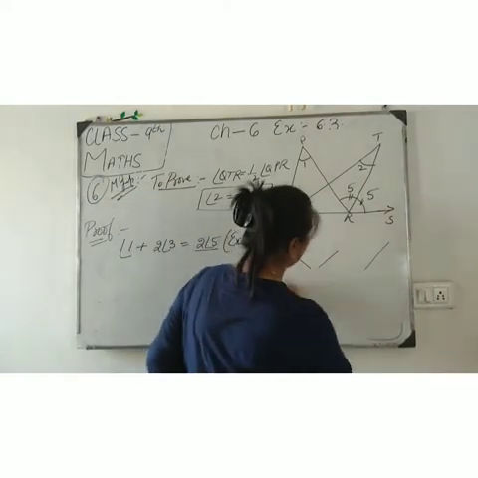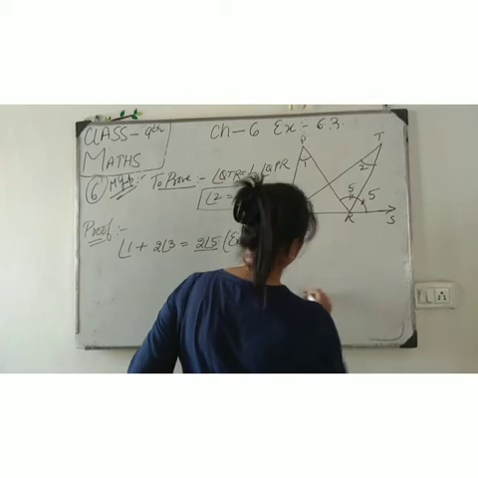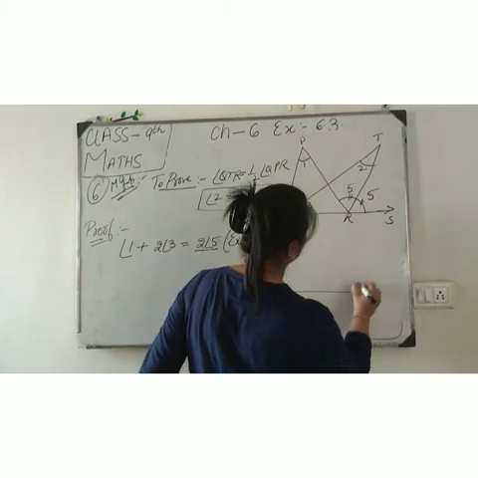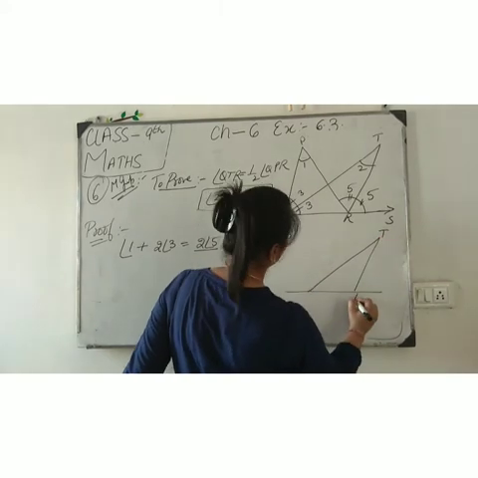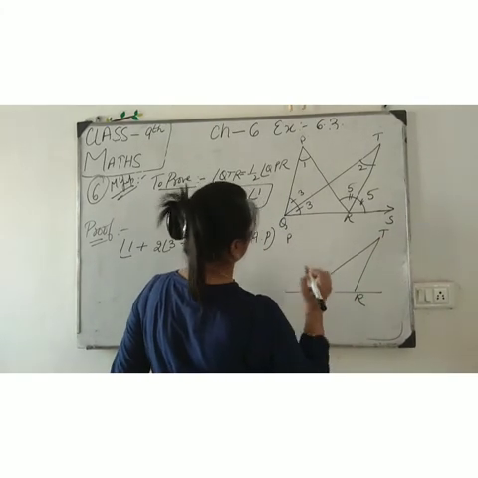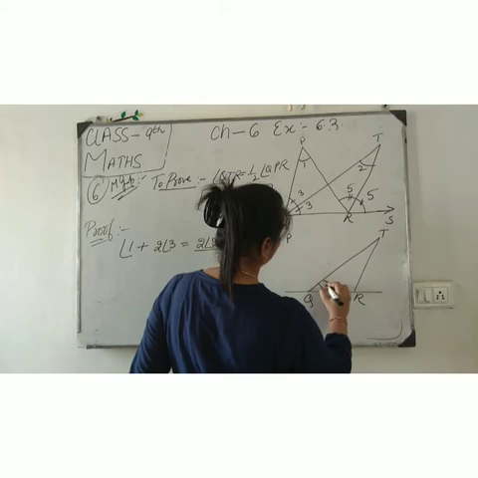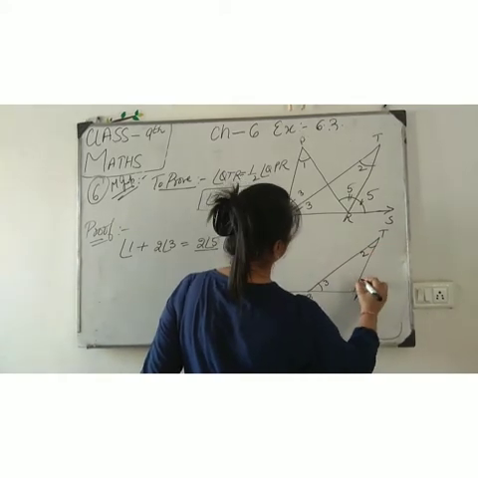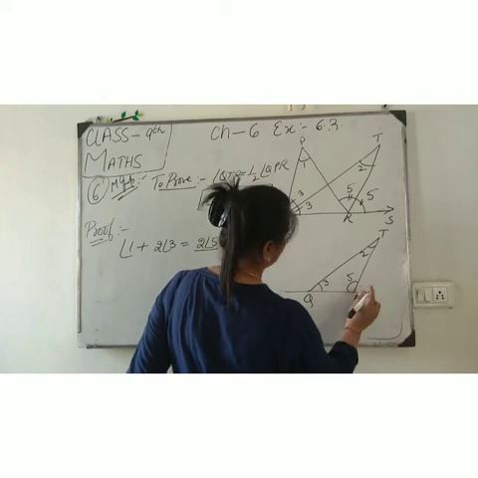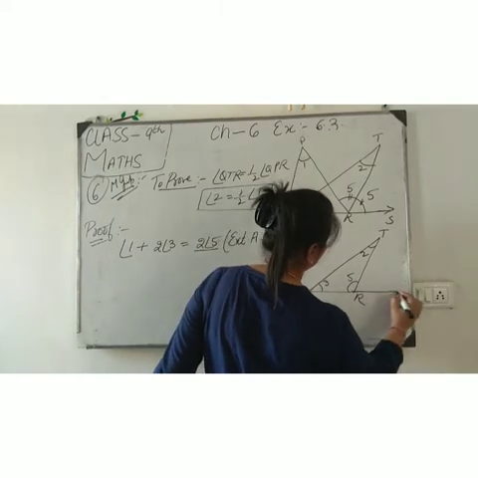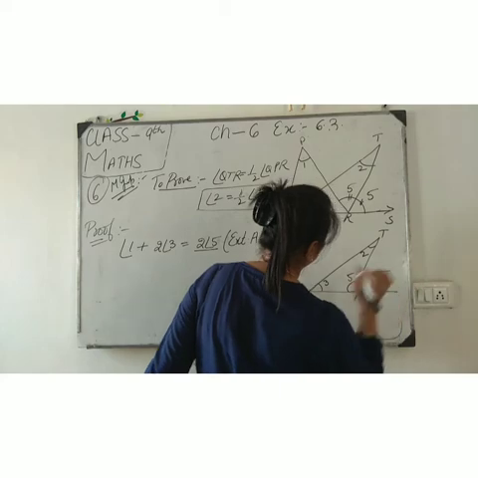So, in the next line, again I draw one more figure here. Line P, R, Q. And here is angle 3, here is 2, and here is 5. This type of figure. And here is angle 5.